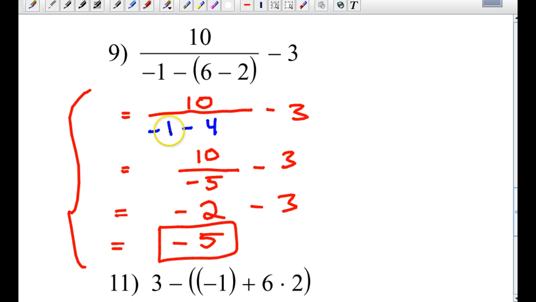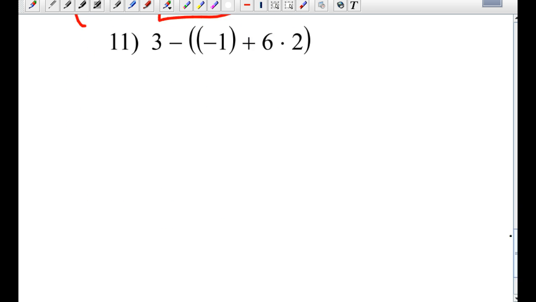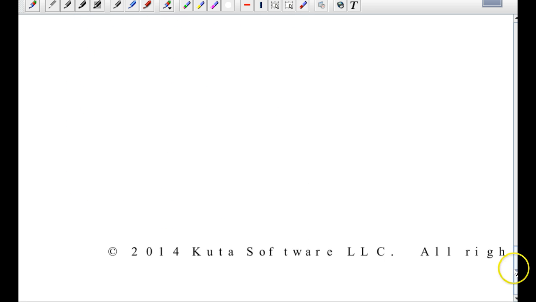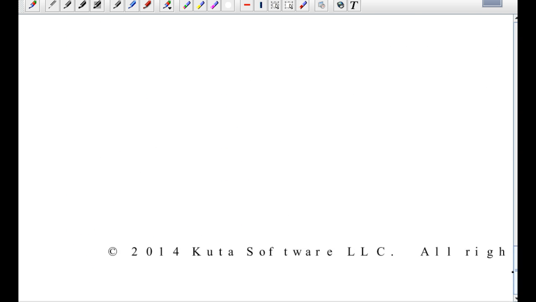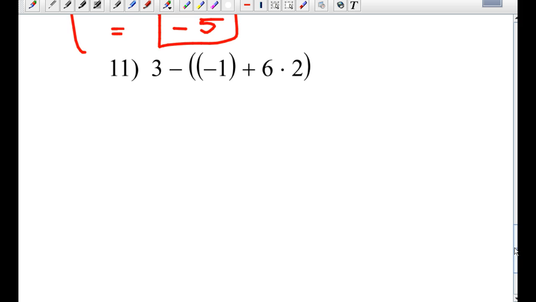Think of this as two numbers. That's a -1, that's a -4. -1 and -4 is -5. Any questions? You guys will be helping each other a lot when you're doing this.